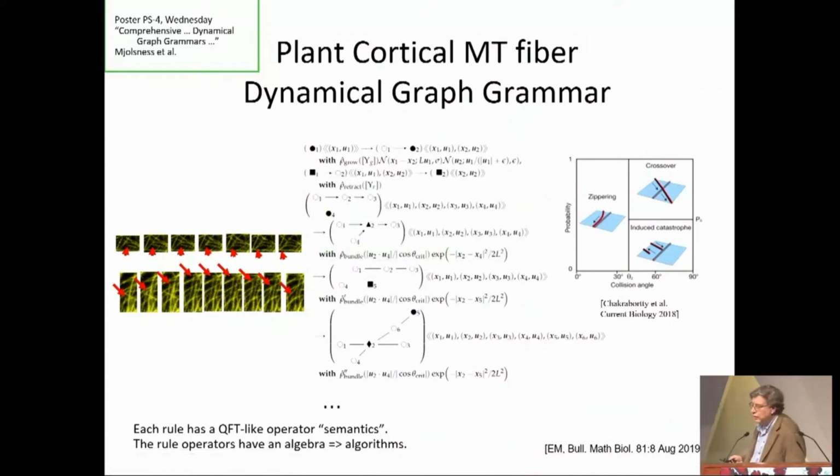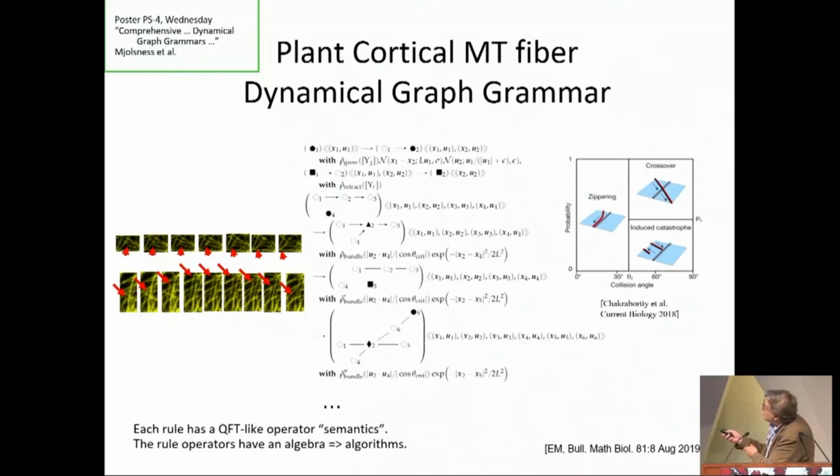Some of the characteristic things that happen, as you can see in these confocal image sequences, are illustrated in cartoon form here. First of all, they treadmill, they move along, and that's the first rule here.